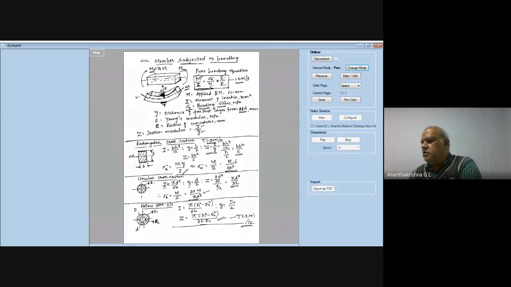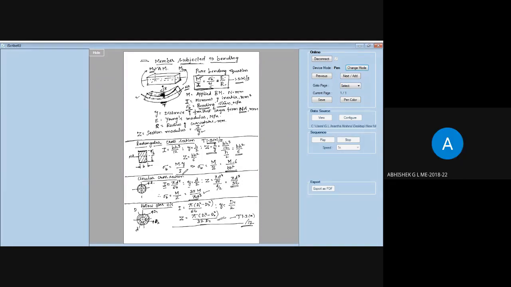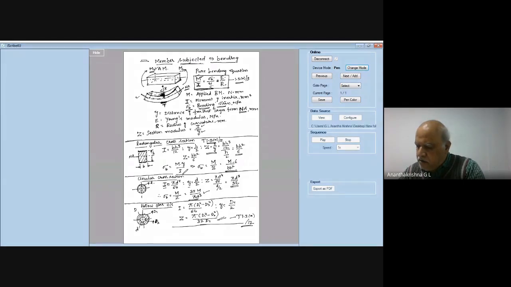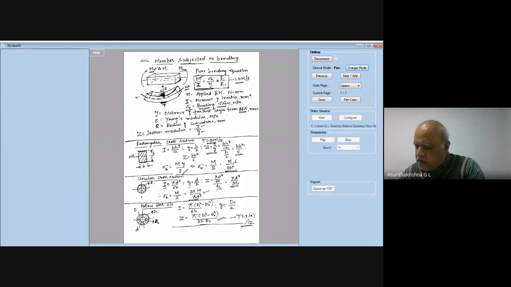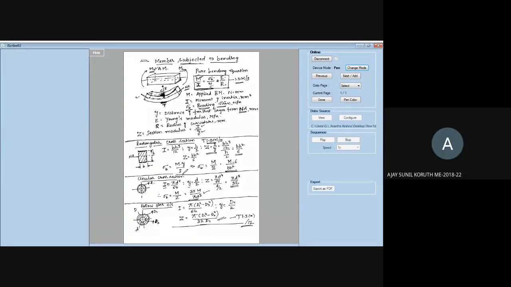Mastanullah, are you there? Mr. Mastanullah. Yeah, answer a roll call. Sai Sumant. Present, sir. Abhishek GL. Yes, sir. Narayan. Present, sir. Desai. Present, sir. Ajay Sunil. Present, sir. Akram Anwar. Present, sir.